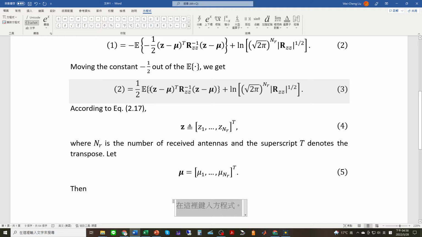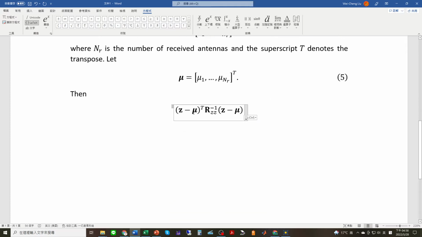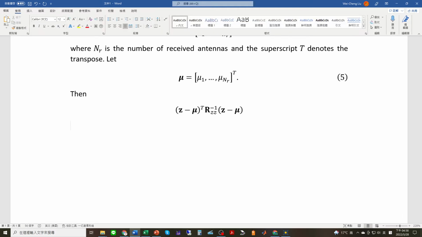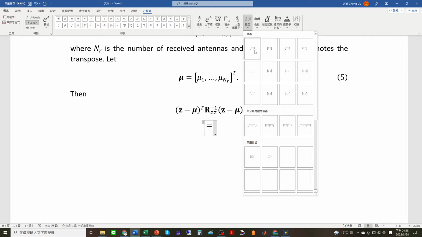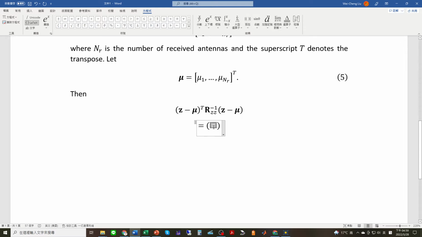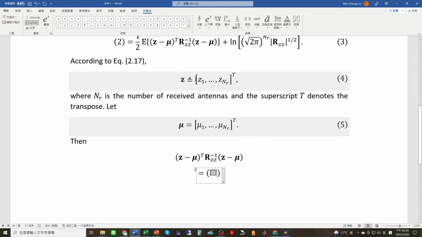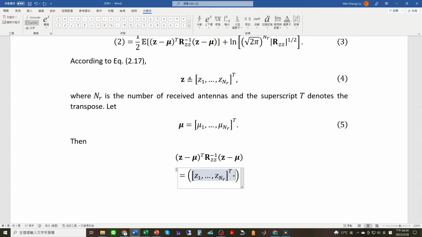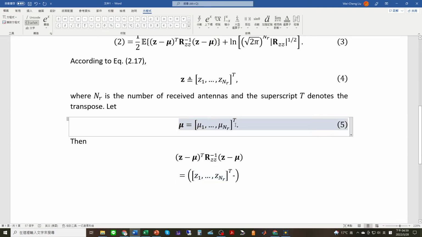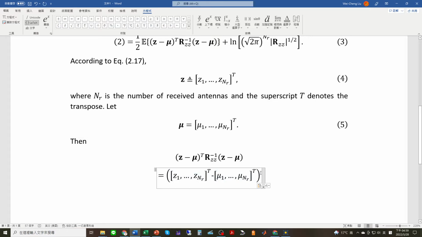we focus on this term. (z minus mu) transpose times RZZ inverse times (z minus mu) is equal to parenthesis z1 to znR transpose minus mu1 to mu nR transpose, and transpose, and times RZZ inverse.